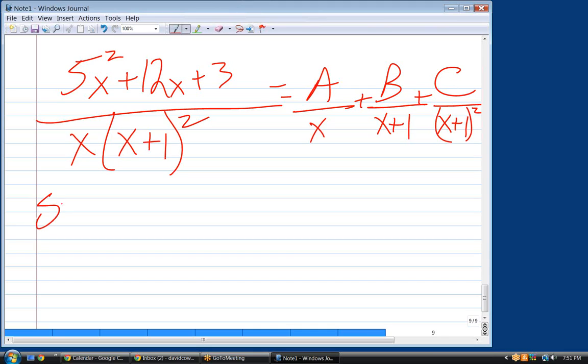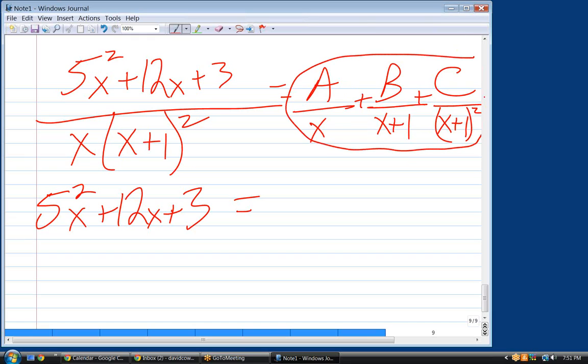So what can I say about 5x squared plus 12x plus 3 has to equal, remember that if I add all three of these together, I'm going to get a numerator. Add these three fractions together, and what are you going to get? In other words, just this part here, knowing that this is your common denominator.